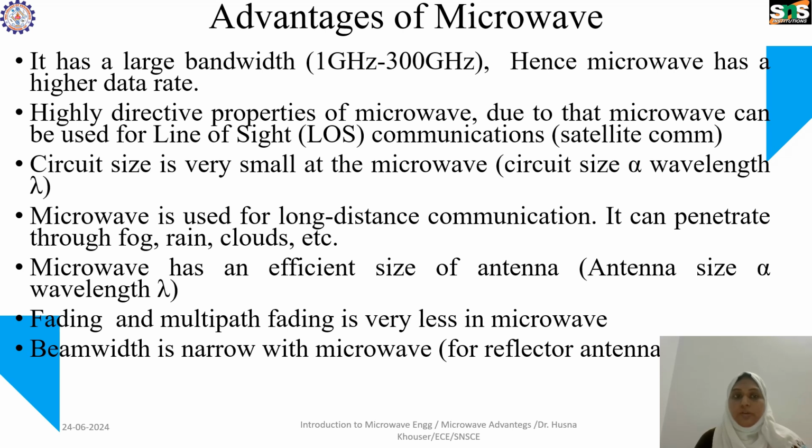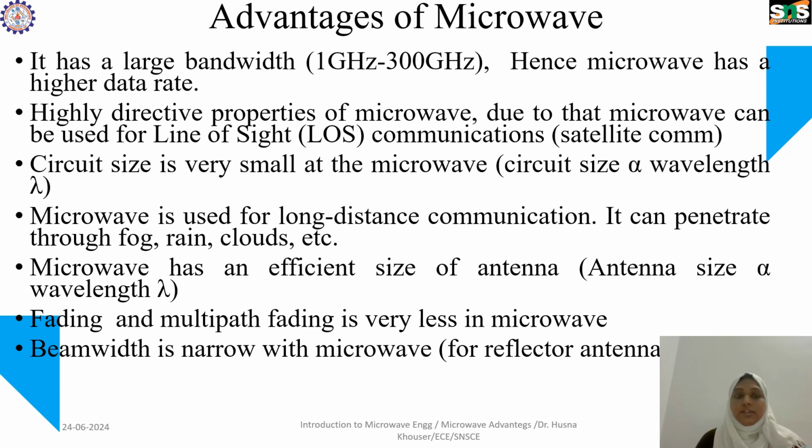Microwave also has a higher data rate. It has highly directive properties. Due to this, with microwave we can communicate directly by line of sight, from transmitter to receiver.